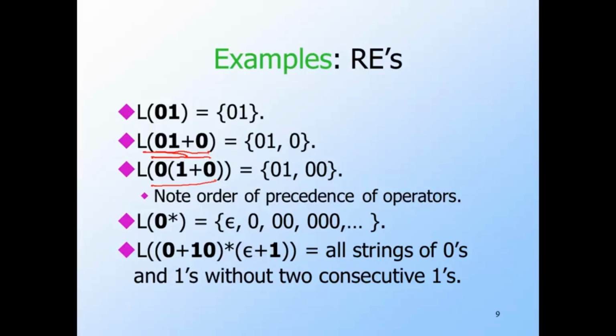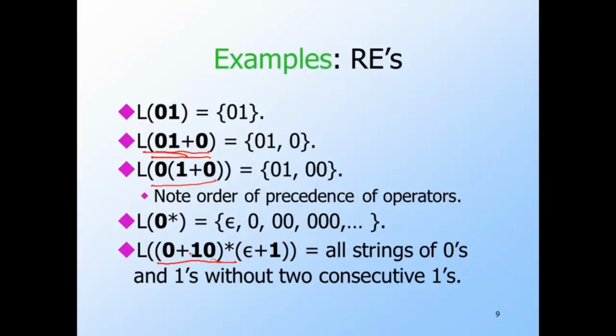Now, this part of the expression, 0 plus 10 star, denotes all strings in which every one is followed by a 0. These strings are surely in the language that we want, but we also want those strings that are followed by a final 1.